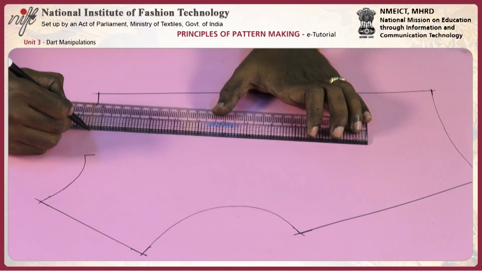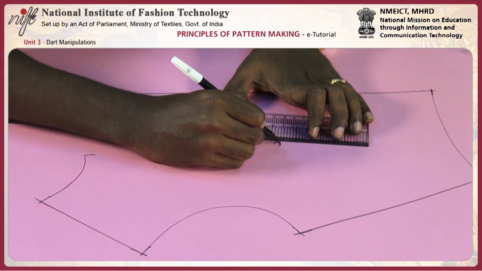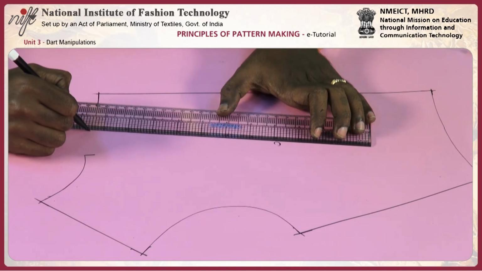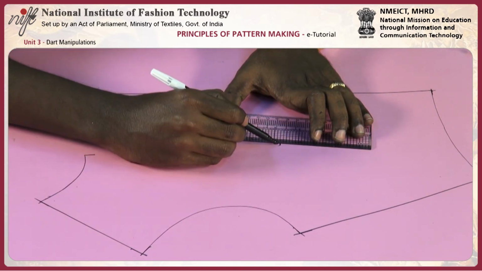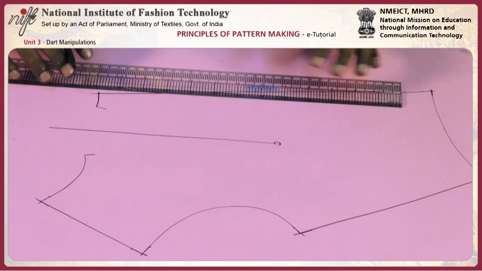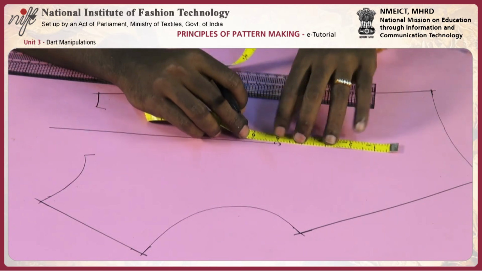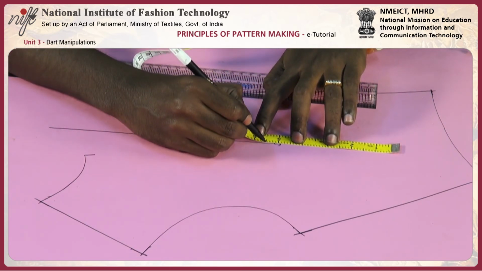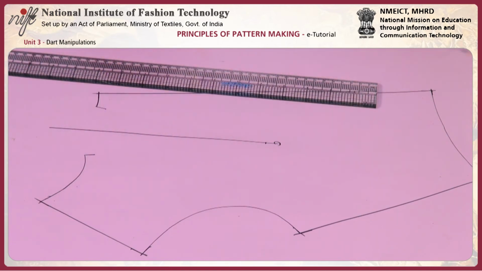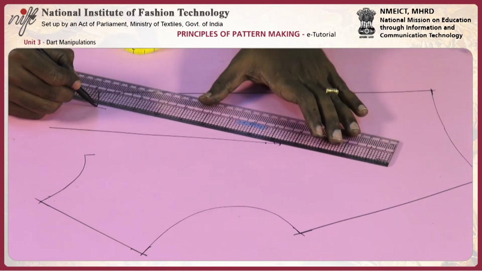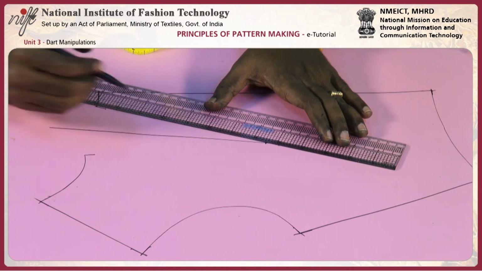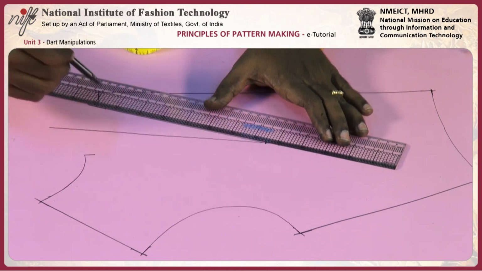Connect to the bust point. Mark half an inch above the bust point. Connect the dot legs.